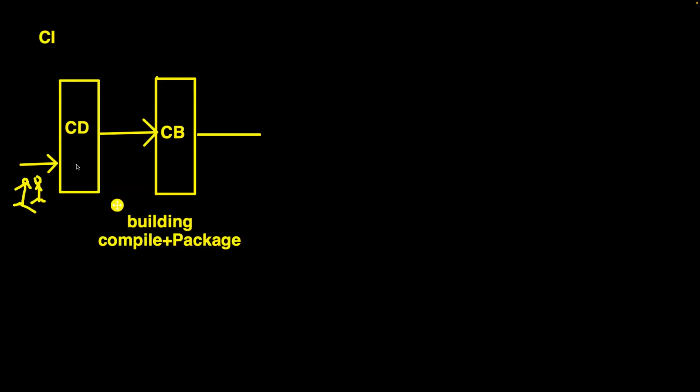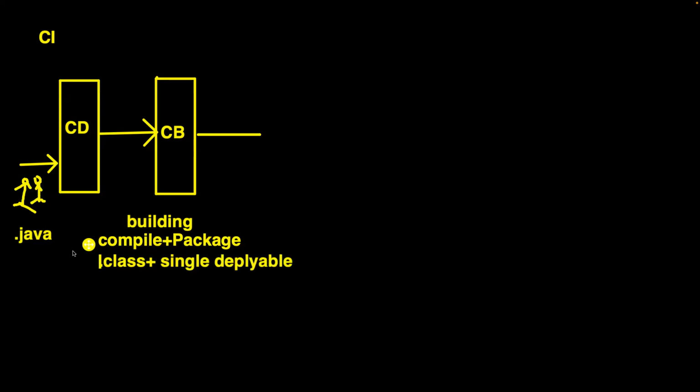If you talk about Java code as an example, Java developers write the source code, which has the extension .java. This will be converted into .class files, right? All that's called compiling. Compiling means converting the source code into executable. And all this executable code will be packaged into a single ready-to-deploy file, which is called packaging.